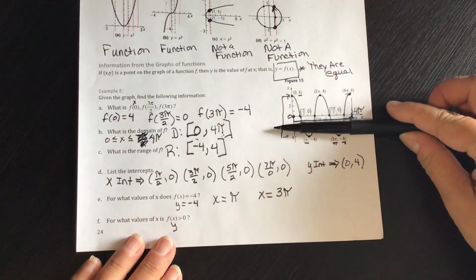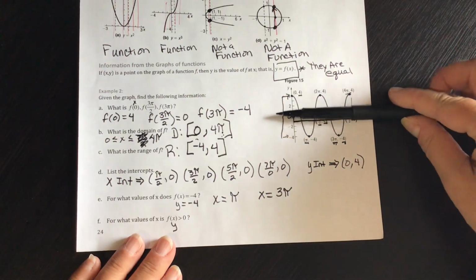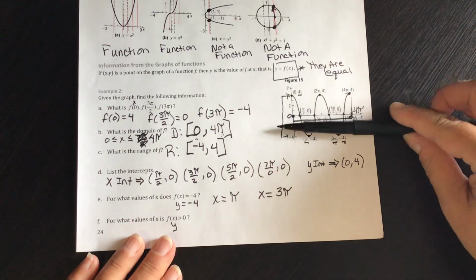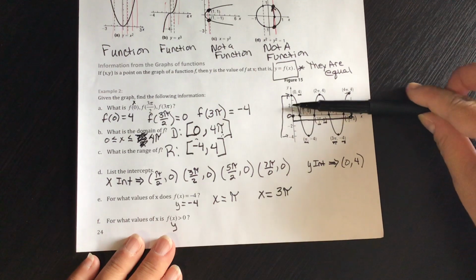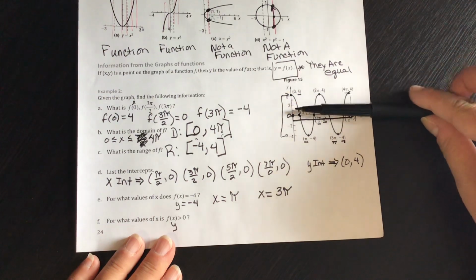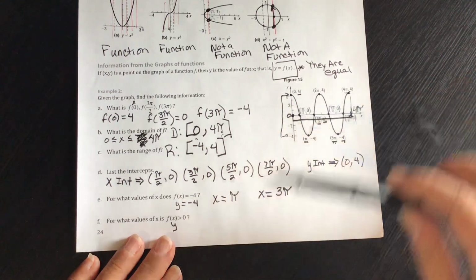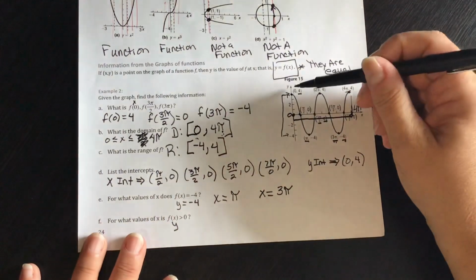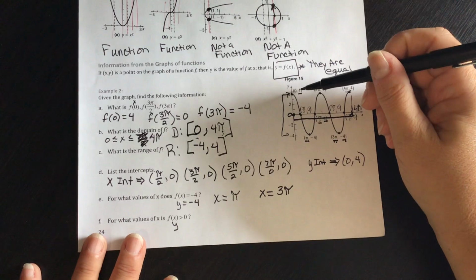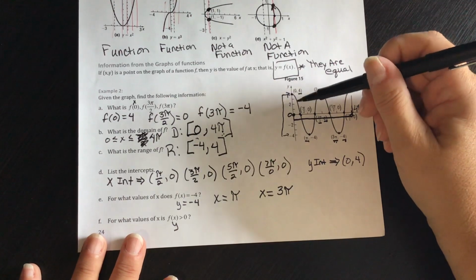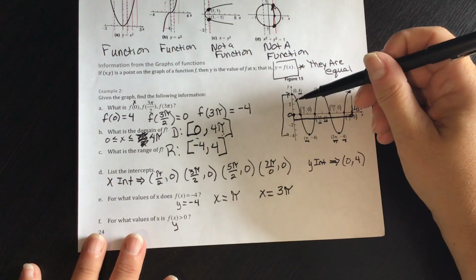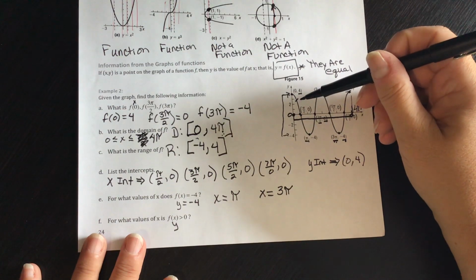That would be all parts of the function that are above the x-axis, because here are the y values that are greater than 0. We don't have just one specific point, because even though here's a y value of 4 and we know that's greater than 0, this point right here is also a y value that's greater than 0.